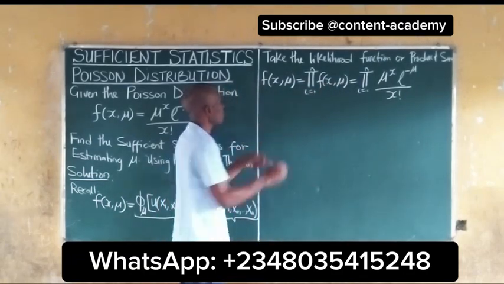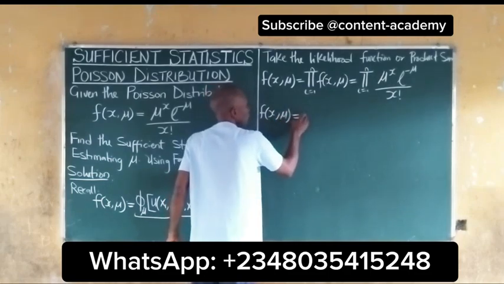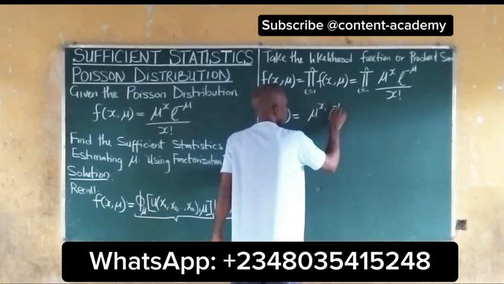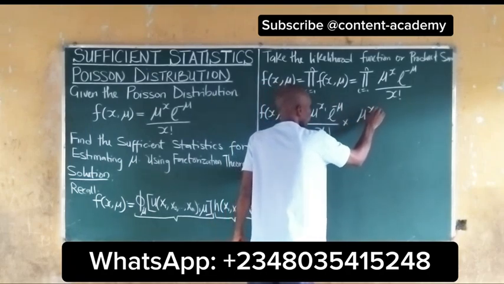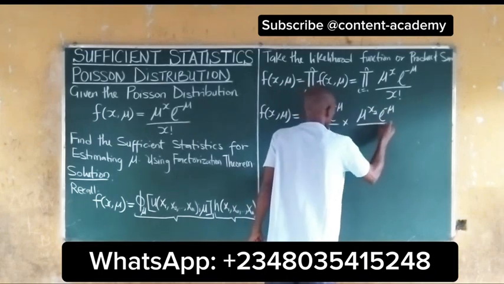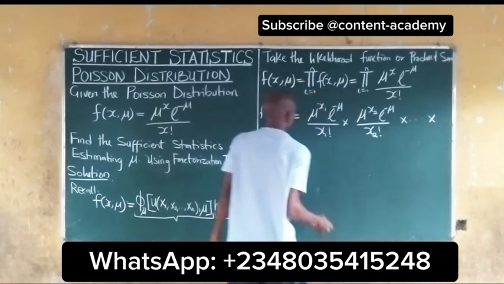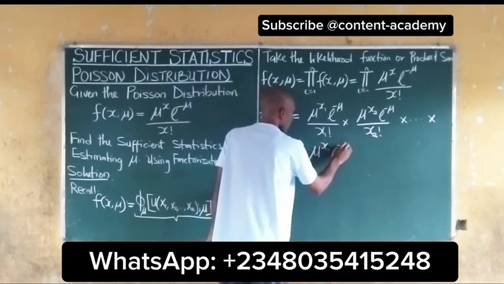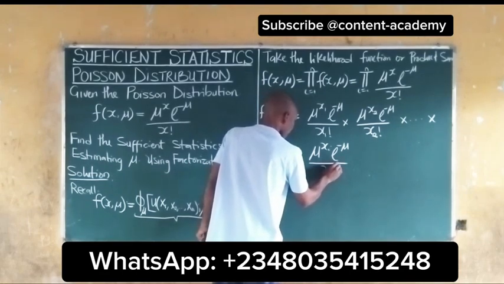So how do we take the likelihood function? Taking the likelihood function, we have f of x to be equal to: the first one is mu to the x1, exponential negative mu, all over x1 factorial, multiplied by mu to the x2, exponential negative mu, all over x2 factorial, multiplied by, it continues like that, to give us mu to the xi, exponential negative mu, all over xi factorial.